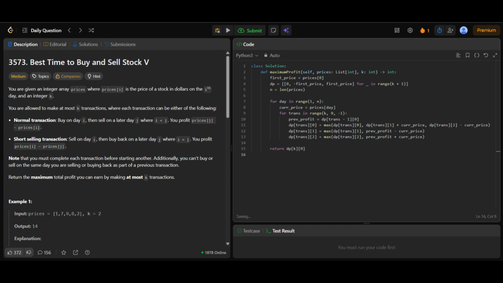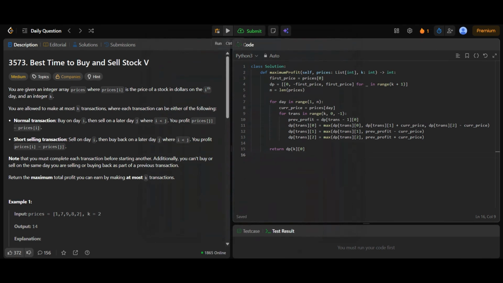At the end, the maximum profit we care about is when we have completed k transactions. We are not holding any open position, so we return dp[k][0]. This is a powerful dynamic programming pattern that generalizes stock trading strategies far beyond the basic problems. If you understand this solution, you are already operating at a strong interview level.